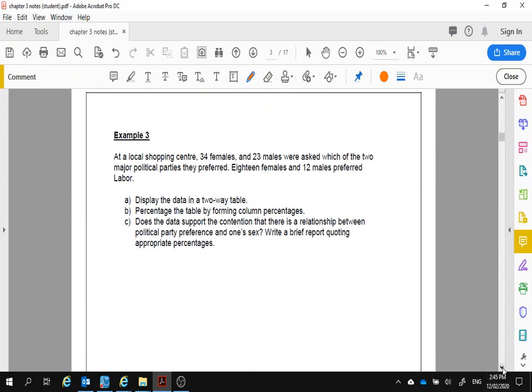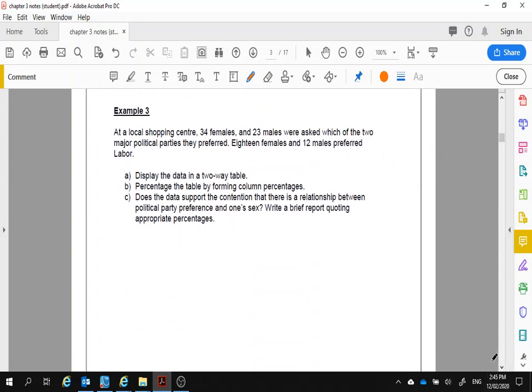Example 3. At a local shopping centre, 34 females and 23 males were asked which of the two major political parties they preferred. 18 females and 12 males preferred Labour. Now, if you don't know the two political parties, one's Labour and of course one's Liberal. Part A, display it in a two-way table. So we're quickly going to do this. Political party, then we're going to have the sex up here.